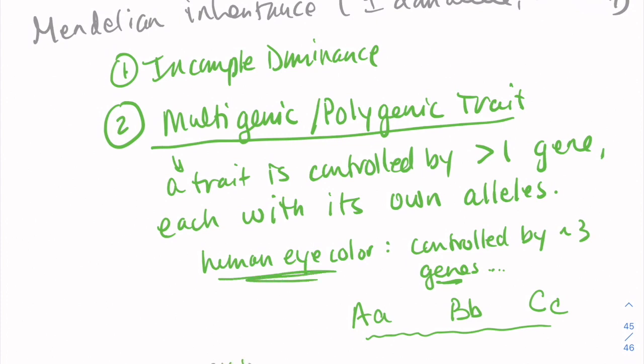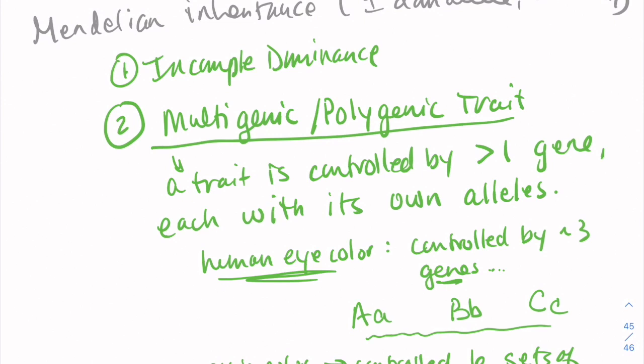Skin tone, skin color is a total example of that as well. Skin color is controlled by, I believe, 6 sets of genes, each with their own alleles. So it's very difficult to predict skin color often, especially with people who are multiracial.